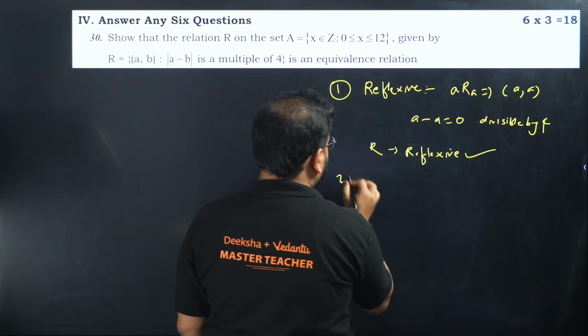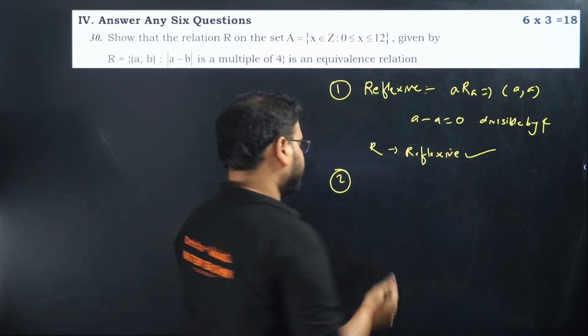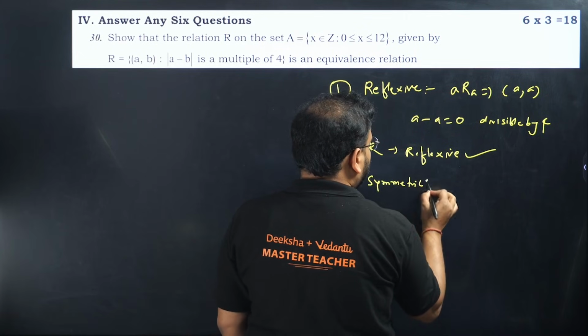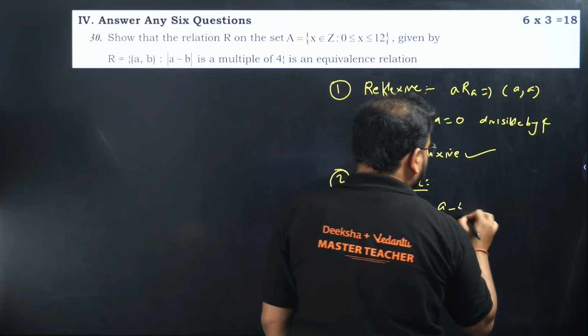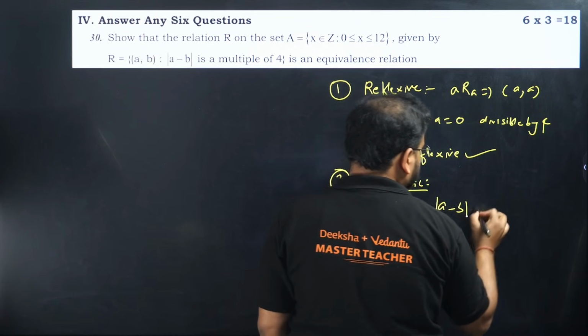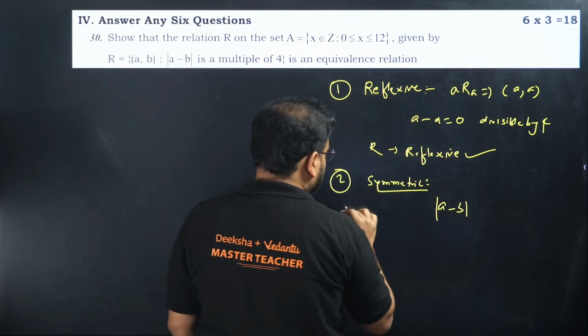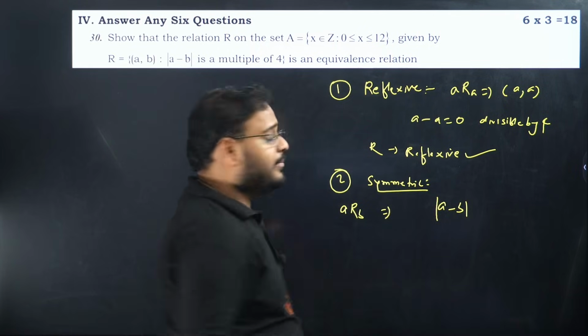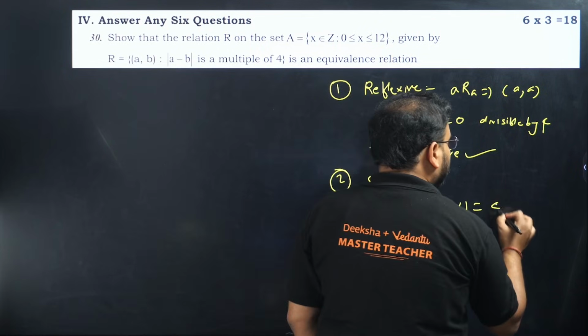True. Second one, let's look for symmetric now. In this case, I'll take A R B, which represents A minus B, where the ordered pair is (A, B), equal to a multiple of 4.